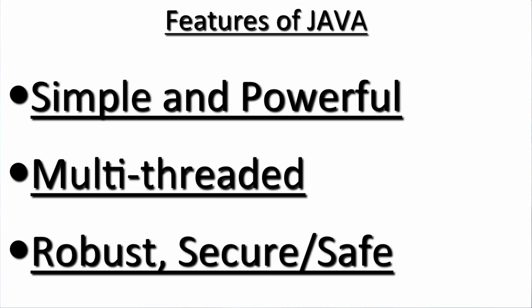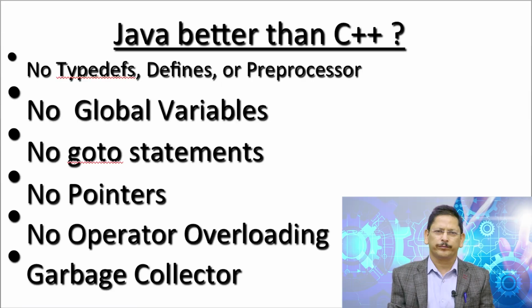Simple means it is very user friendly, and programmers can program easily in it, and the multi-threaded feature makes the program or software very fast. That is why since 2000 many programmers have been using this language in comparison to other programming languages. Robust, secure and safe are also features of Java.